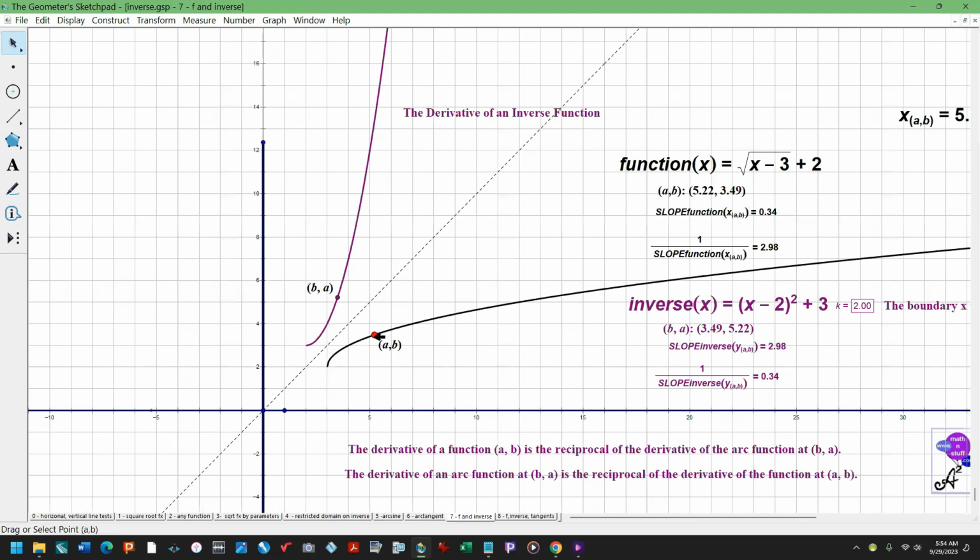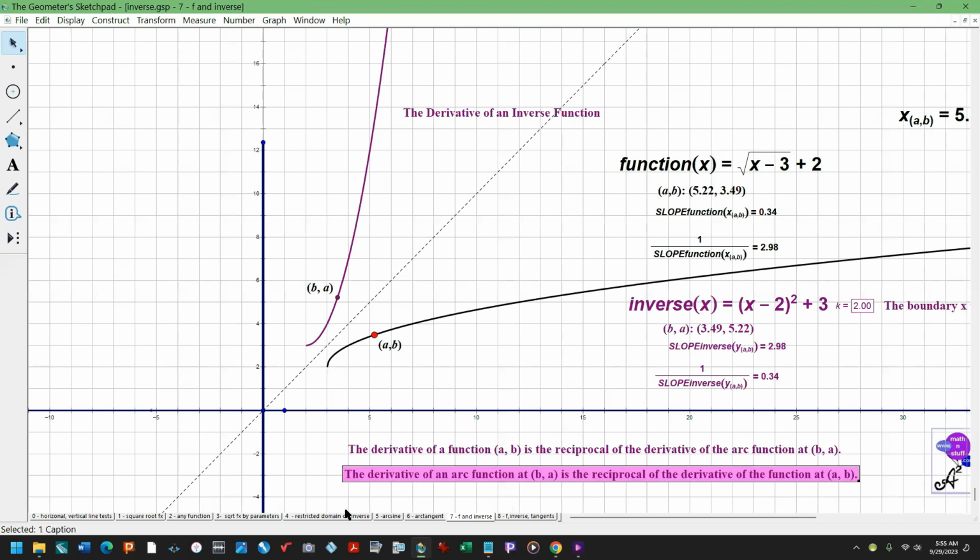I want function and its inverse, the derivative of an inverse function. It is true that the derivative of a function at AB is the reciprocal of the derivative of the arc function at BA.